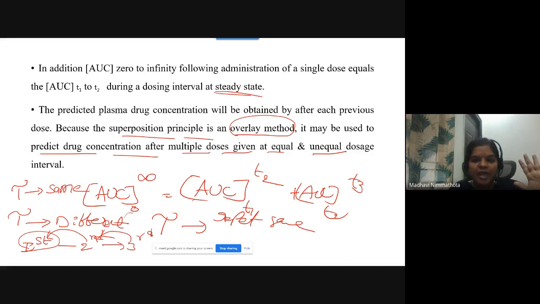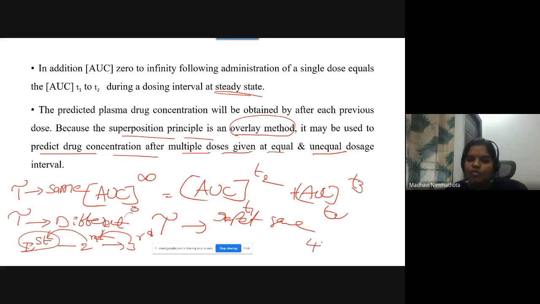That's why the principle is called the overlay method. This dose will be overlaid onto the previous dose. This overlay or superposition principle can be used to predict the plasma drug concentration after completion of your multiple doses.